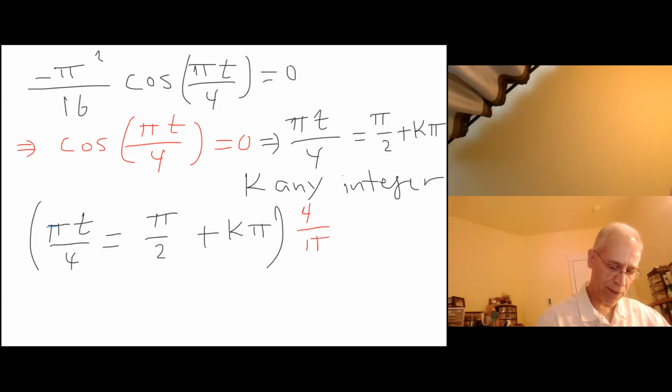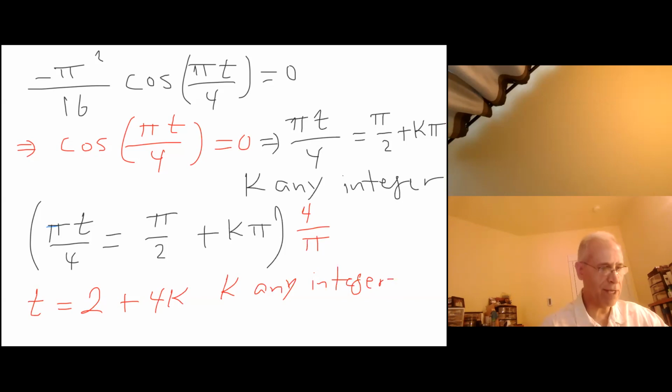On the left-hand side I get t, and the pi's cancel, so t equals 2 plus 4k, k any integer.